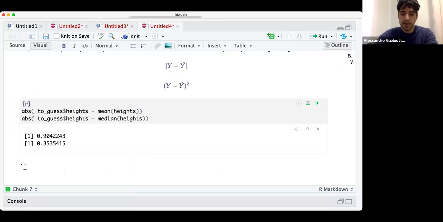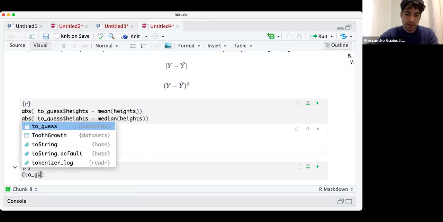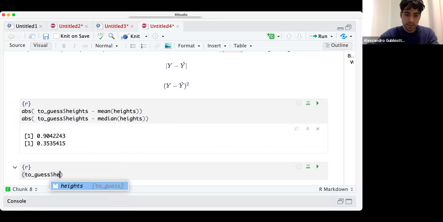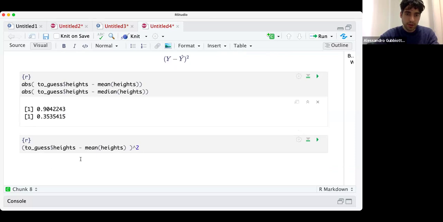And let's see instead the second one. If we use the second function, so what is the second function? Well, it is the height of this guy minus our mean, let's say, to the power of 2, to compare the two predictions. So let me do the same, but instead of the absolute value, we take the power.